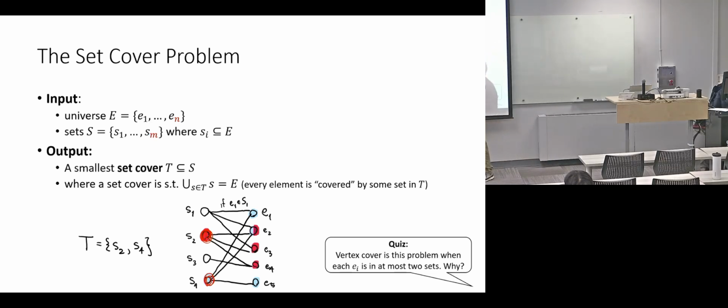What would this side correspond to in the vertex cover problem, and what would this side of nodes correspond to? Suppose that each element is in at most 2 sets, which is, yeah, the degree of this node is at most 2, not 3 like this. There's no reduction here really.